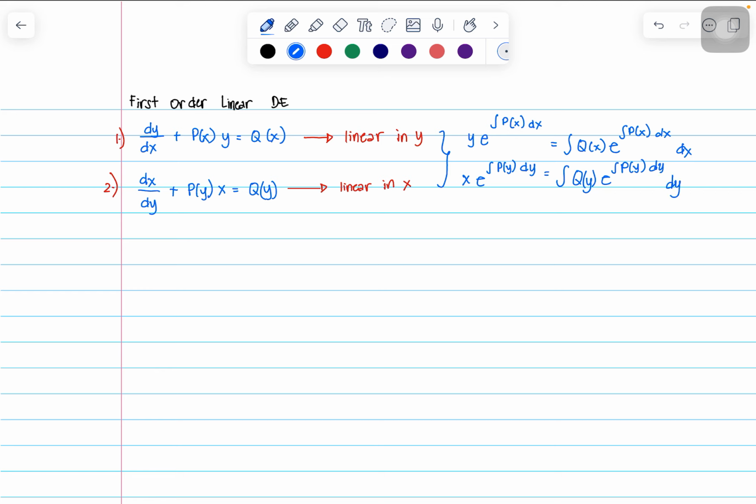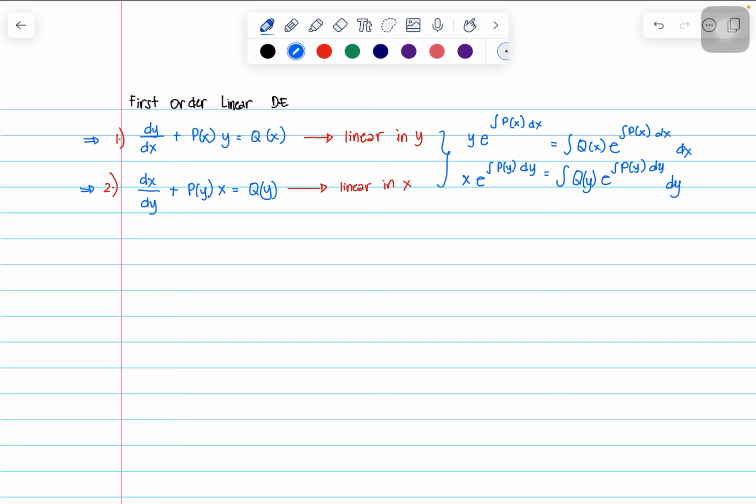Right. Now, you can only say that it is linear when it follows either of the two equations, this one and this one. So it could represent any other variable.